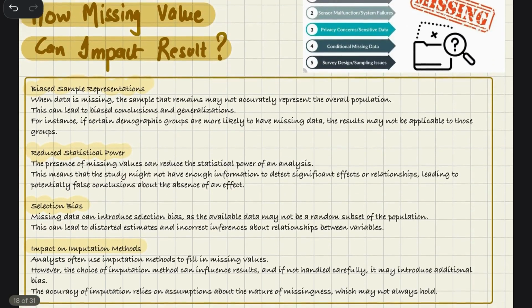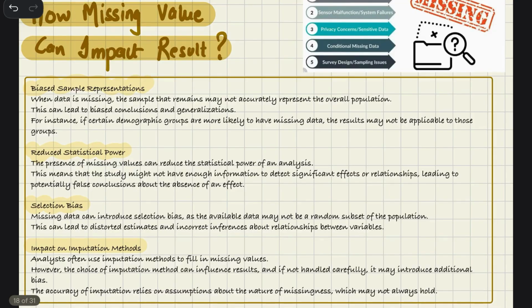And if we talk about the impact of these missing values on the result, the first is biased sample representation. If a certain subgroup consistently fails to fill out a field, your remaining data stops representing the real world fairly.